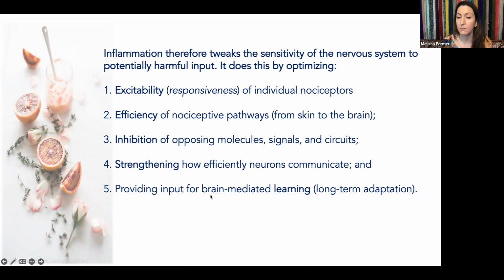The brain can decide what to do with this information. If the strength of this overall signal is strong enough, the brain will consider it important enough to pay attention to, and that's when you perceive pain. However, there is a low level of inflammation in everyone's bodies. So to say that inflammation causes pain is not an accurate statement, because there are low levels of inflammation going on all the time.